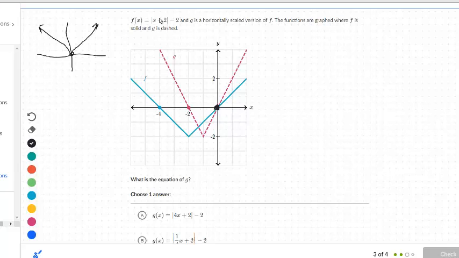This one has taken it and has moved it left 2 units, L-E-F-T, P-L-U-S, boom, boom, and has slid it down 2, boom, boom. Okay, so our f function, our starting function, is in blue here, the solid line.